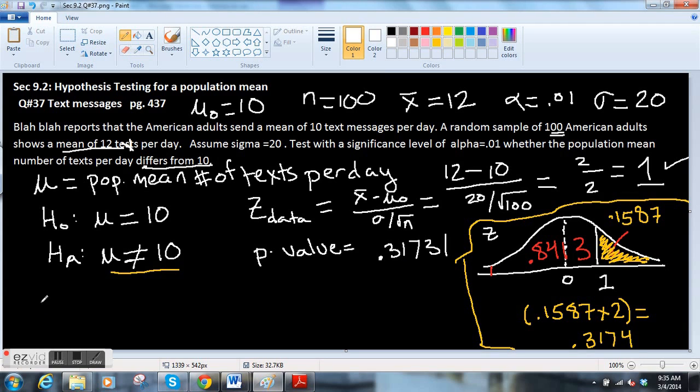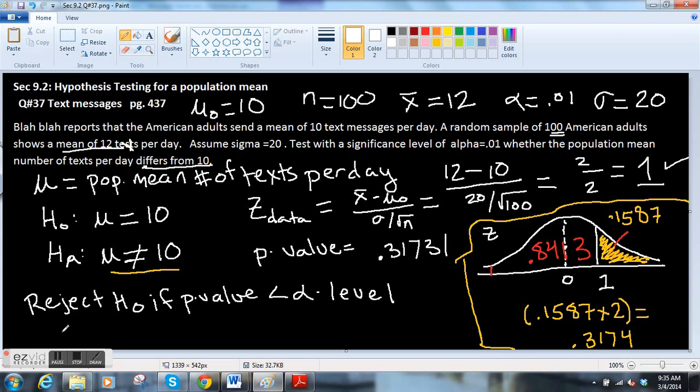Now, moving on. Our rule is reject H0. This is always the rule. Reject H0 if the p-value is less than the alpha level. That is the rule. So in this case, this is what you want to write on your test in order to get full credit. You say, in this case, p-value equals 0.3, you could just say 17, is greater than, here's our alpha level, 0.01.